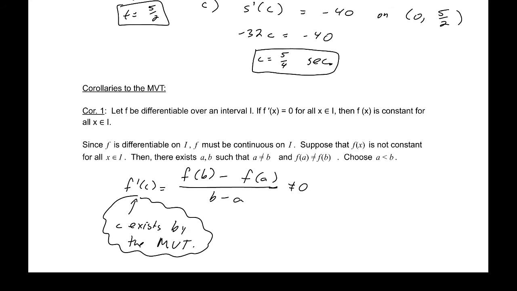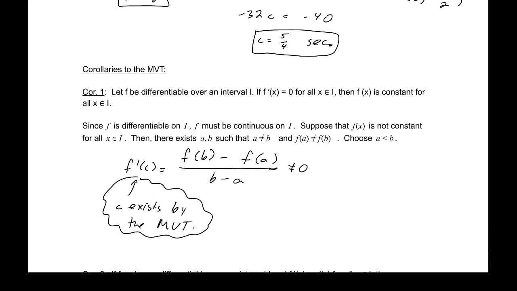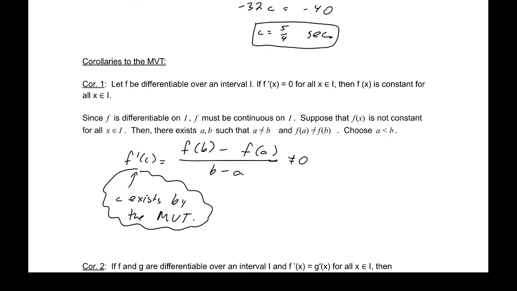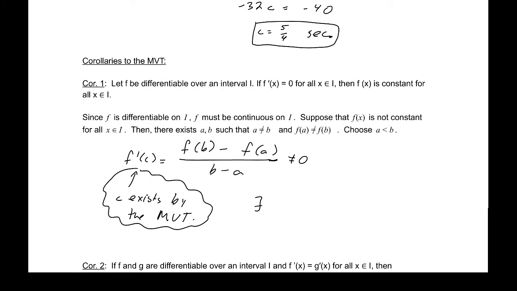Okay. Well, that means that there exists a c in that interval such that f prime of c is not equal to 0.